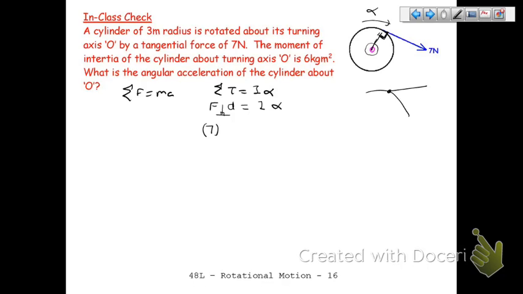And I know my perpendicular distance is 3 meters. And that equals my I, 6 kilogram meter squared. We'll get to that in a minute. That's a weird kind of unit. Times alpha. So alpha is going to equal 21 over 6, which is half of 7, which is 3.5, and the unit's going to be radians per second squared.